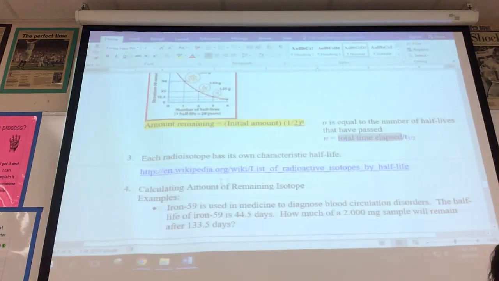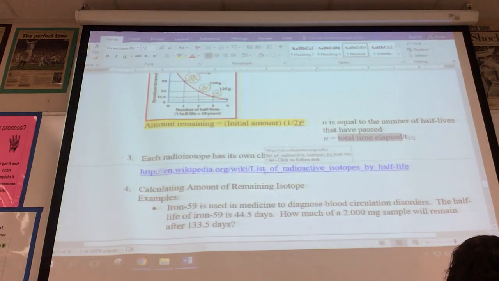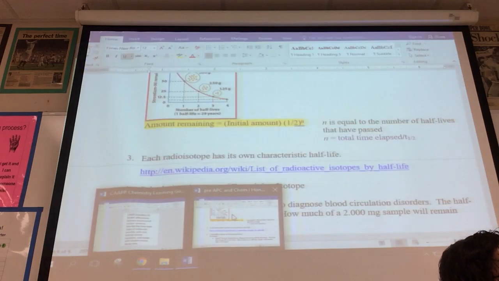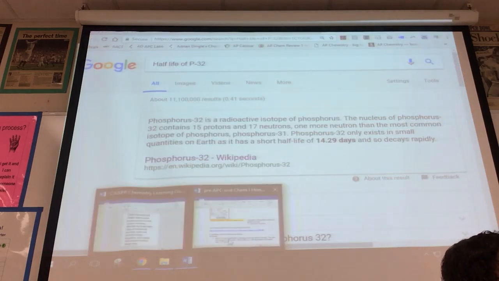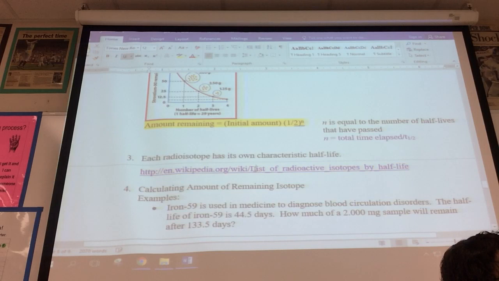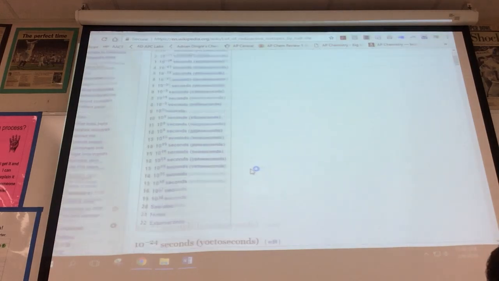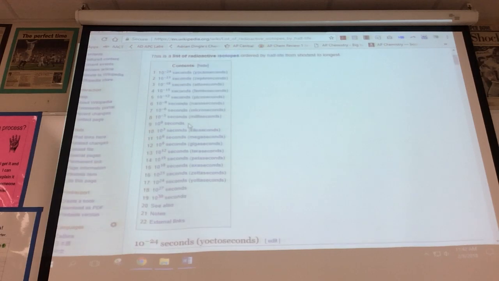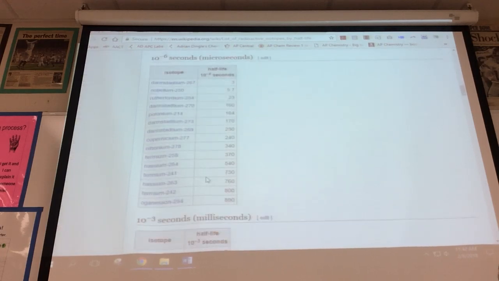Now, each radioisotope has its own characteristic half-life, and there is a whole list here of radioisotopes. And they really do have a very large range of half-lives here.